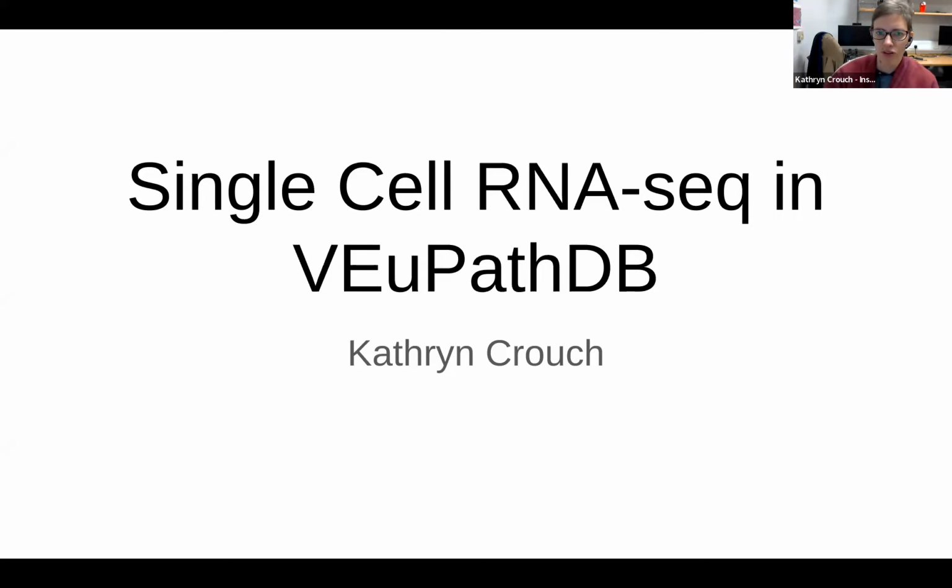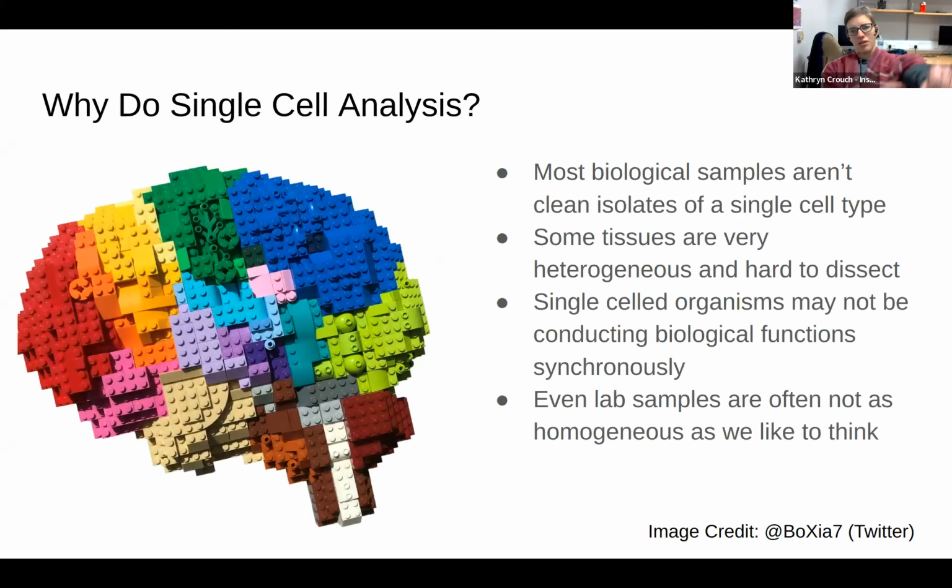Before I do the demo though, I just wanted to talk very briefly about why we want to do single cell sequencing and a tiny little bit about how it works, just to set some context. Most biological samples are at least somewhat heterogeneous.